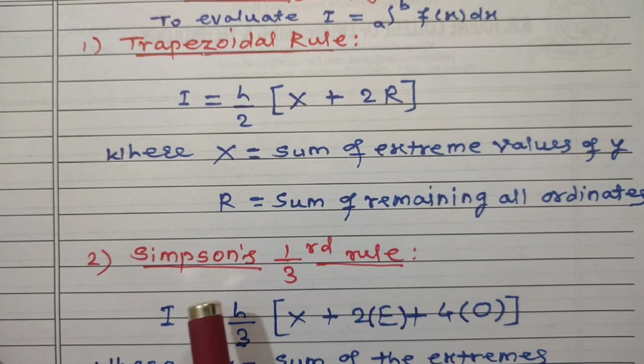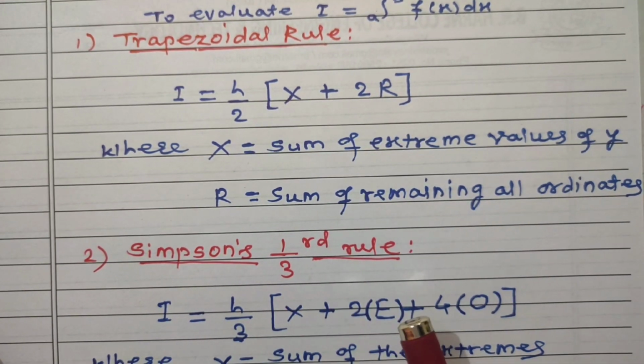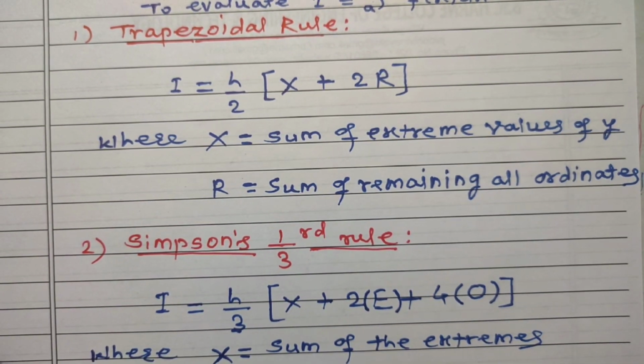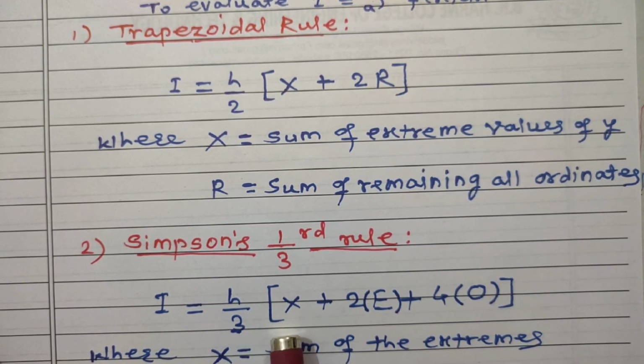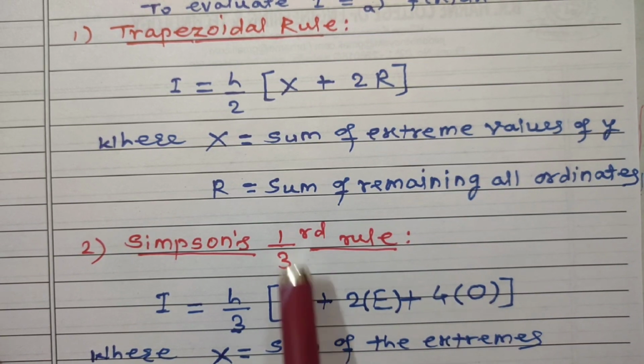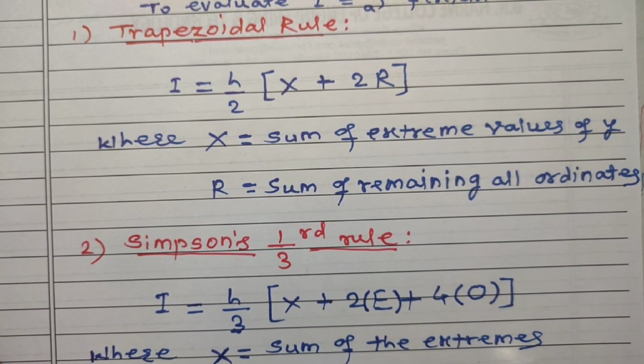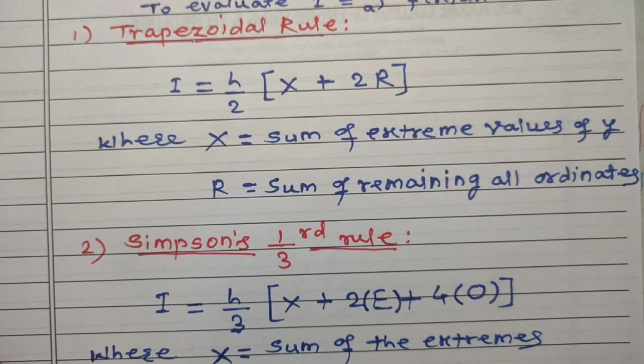Now Simpson's 1/3 rule, statement of this rule, that is nothing but formula: integral I is equal to h divided by 3 into bracket X plus 2 times E plus 4 times O. Similar to previous case, capital X is nothing but sum of the extremes, or you can say sum of the first and last ordinates.